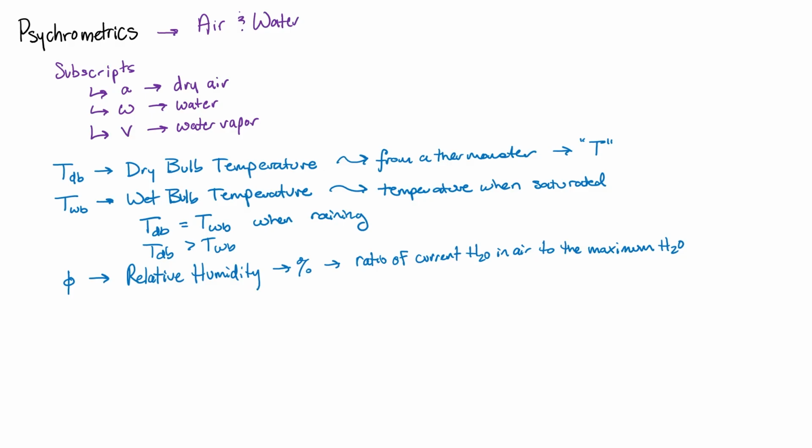And this next term we're going to talk about is omega, which is our specific humidity, or more commonly, the humidity ratio is what I should write this down as. This is more of an absolute measurement of how much water is in the air.